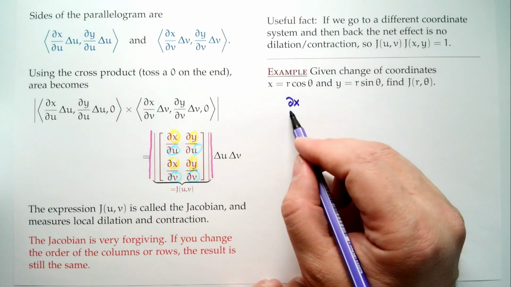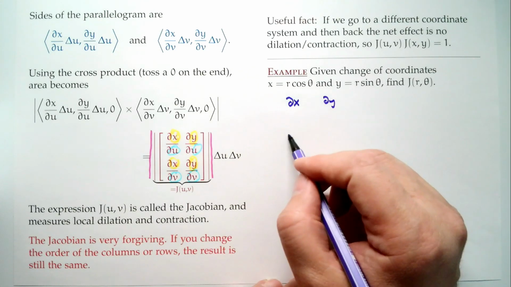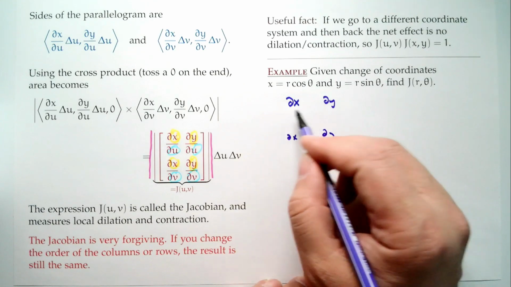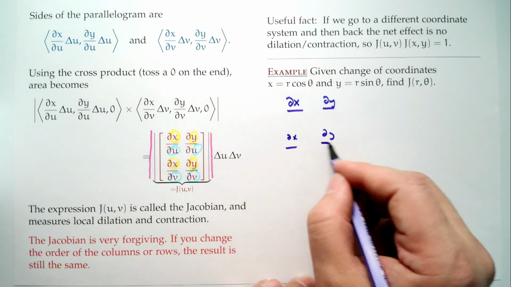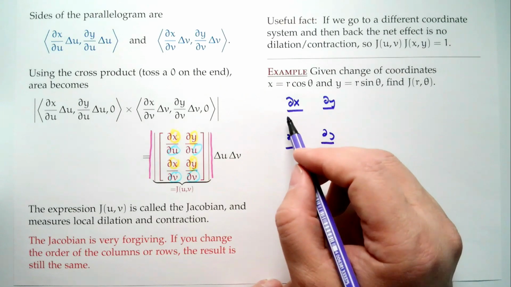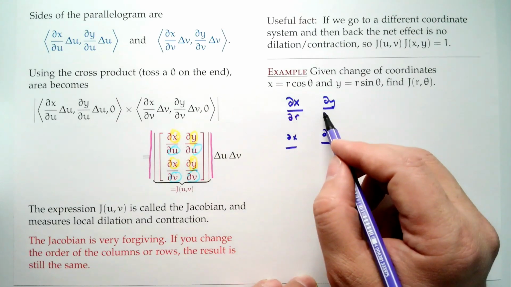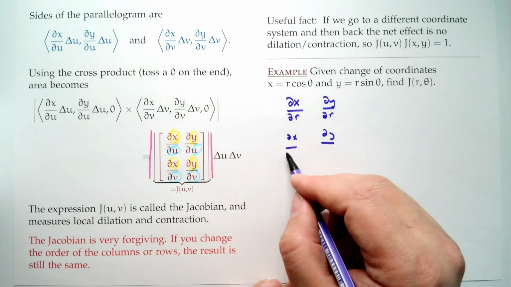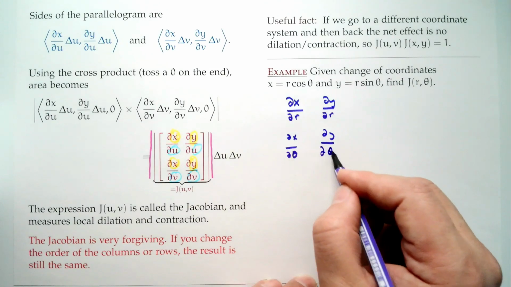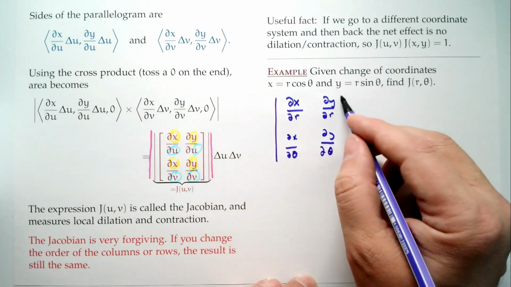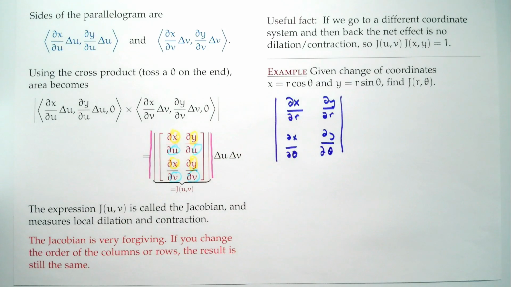So I'm going to take derivative of x, derivative of y, derivative of x, derivative of y, with respect to the new variables. So we'll have partial r, partial theta, partial theta. I'm going to form that 2 by 2 matrix. I'm going to take the determinant, and then I'm just going to make sure I get a positive answer out.